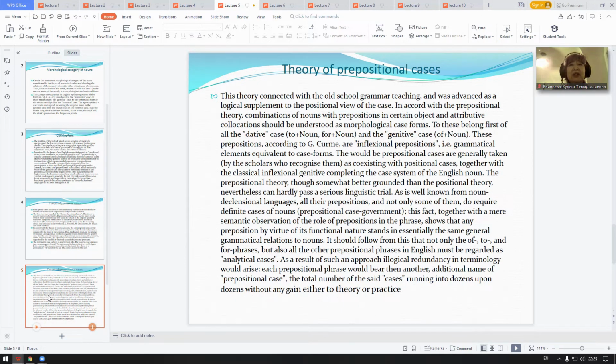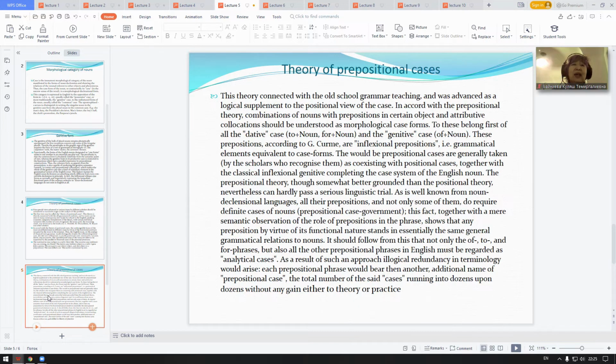The prepositional theory, though somewhat better grounded than the positional theory, nevertheless can hardly pass a serious linguistic trial. As is well known from noun-declensional languages, all the prepositions, and not only some of them, do require definite cases of nouns, prepositional case government.